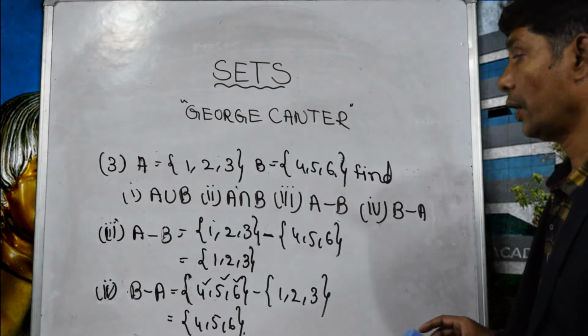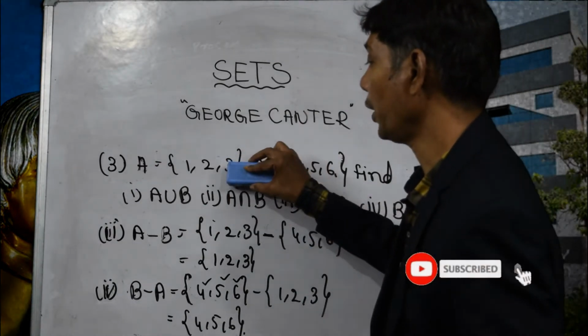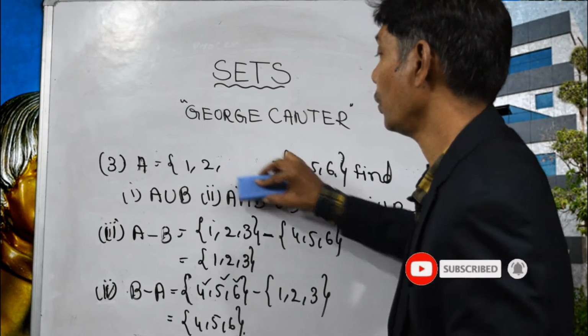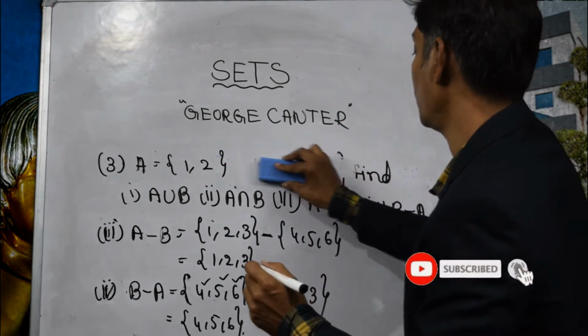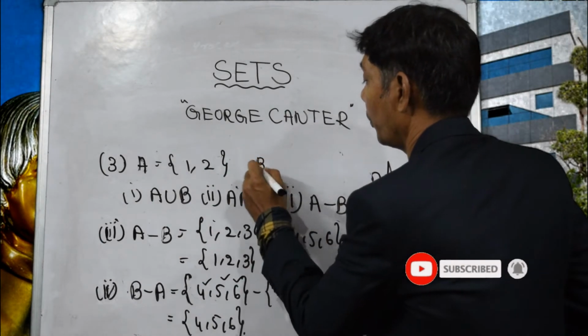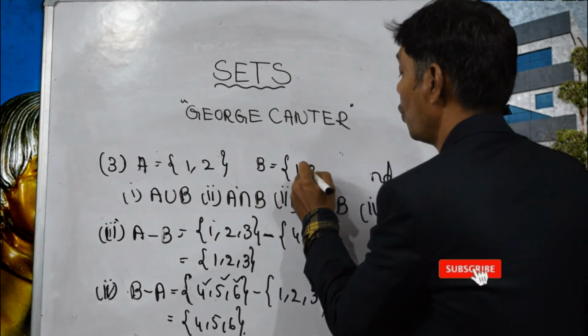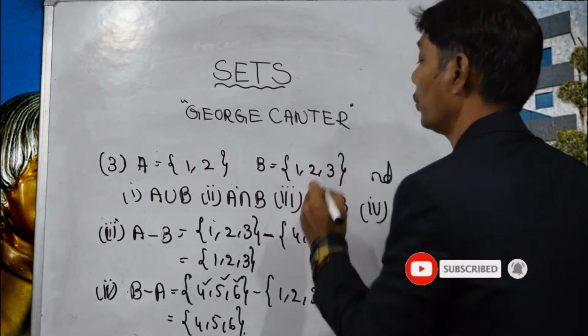Now you go for another one. Now you have to take A is equal to 1, 2, and B is equal to 1, 2, 3.